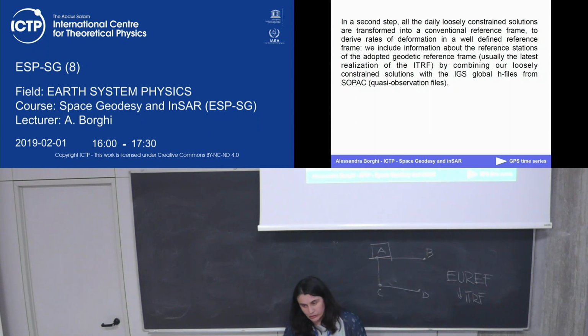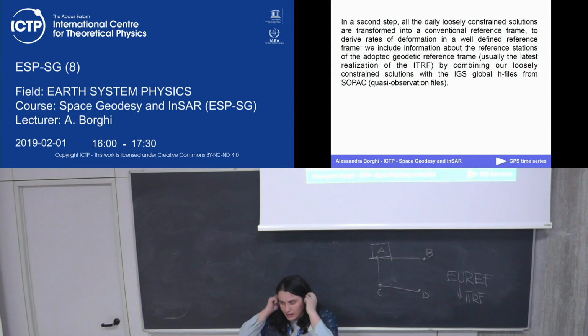At the end, you need to fix these coordinates to the reference frame. So at the end, you loosely constrain the coordinates of the reference point. It means that, okay, we don't fix this coordinate, but we give a very high weight to this one in the least square adjustment. So it's not fixed, but it is really constrained. The solution is quite constrained to these values. But I can check the residuals of my least square estimation.